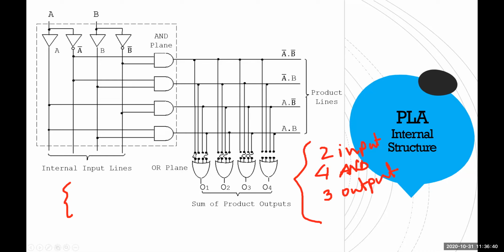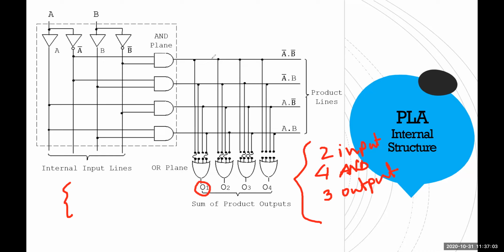That's why the fuse remains. The next one is A bar, B. We do not need it. So that is gone. Next one is A, B bar. We do not need it. So it is gone. Next is AB. So we need it. So it will remain. So the connections that remain are A bar B bar and AB. So this is our O1.